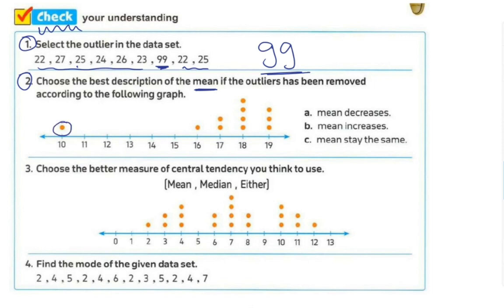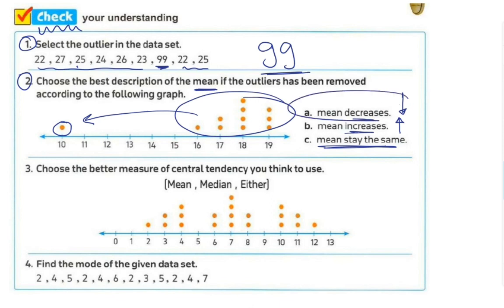So the value of the mean because of this outlier will decrease or increase or stay the same? We know that when the outlier is to the left of the group, the mean will decrease. So I will choose the mean will decrease. Okay.